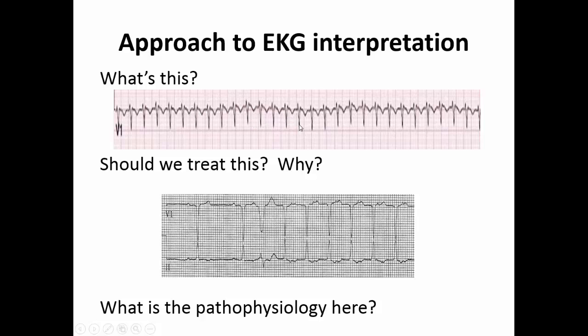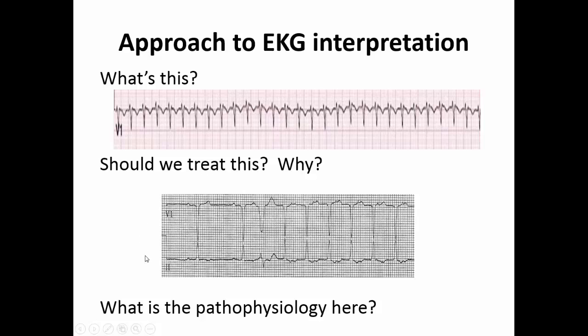So it's probably some type of SVT. If we want to get the ventricular rate, here's one that lines up pretty close to one of the big boxes, and we see 1, just less than 2, so heart rate's just over 150. So it's probably SVT, heart rate around 160 or so. If we want to treat that, we're probably going to give the patient adenosine.